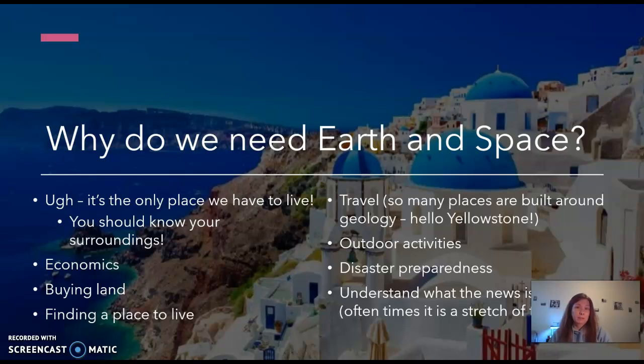Finding a place to live. Would you rather tornadoes in Kansas or volcanoes in Washington State? So kind of looking at some of the natural disasters, you're going to have to live with some sort of natural disaster no matter where you live on this planet. So maybe putting a preference on that.